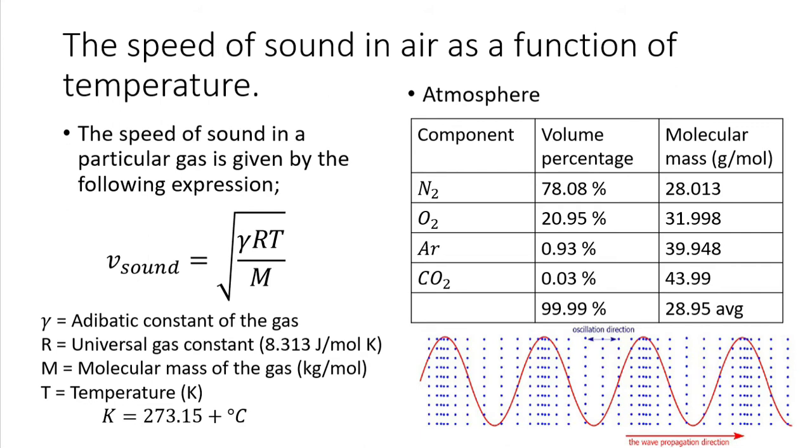Now, this over here, that's molecular mass of the gas. If you look at the composition of Earth's atmosphere, we got nitrogen gas accounting for 78%, oxygen gas 21%, argon 0.93%, carbon dioxide 0.03%.